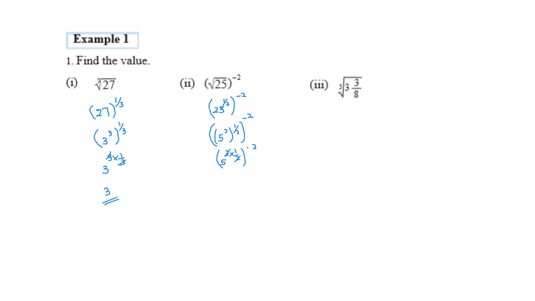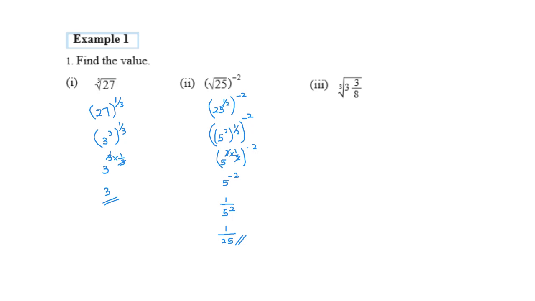The 2s cancel here. You have 5 to the power minus 2. So you want to take the reciprocal to make this power positive. 5 to the power 2. So 1 over 25 is your answer.